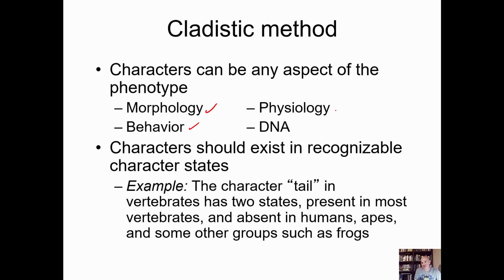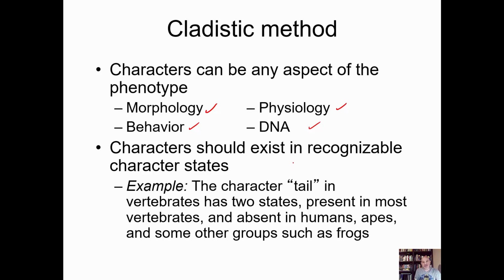And then physiology, the internal functioning and workings, even at the cellular level, the biochemistry that's going on. And then even DNA sequences can be used, comparing DNA sequences for shared characteristics.